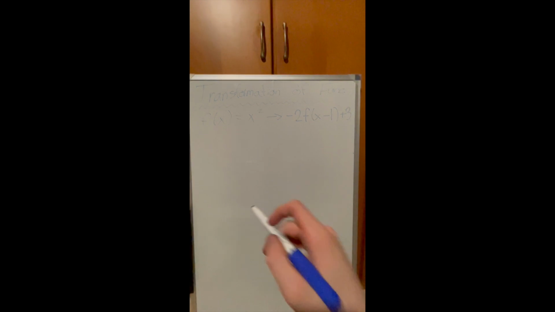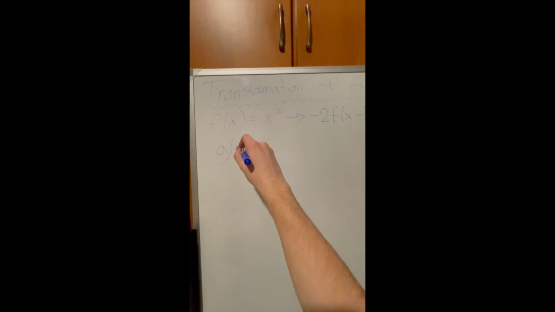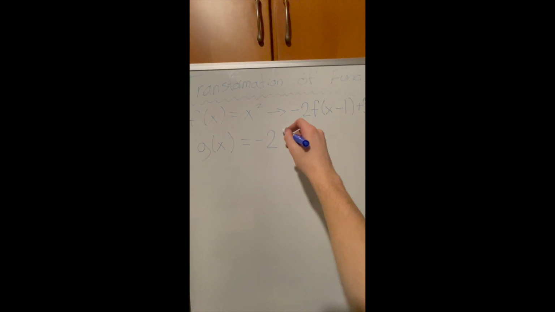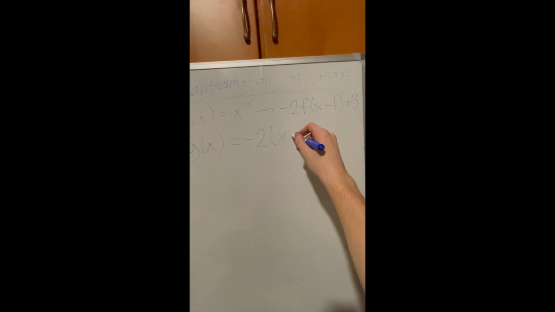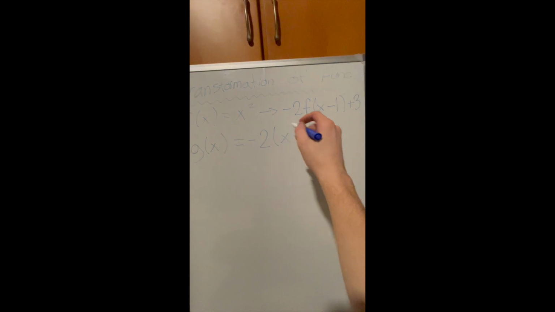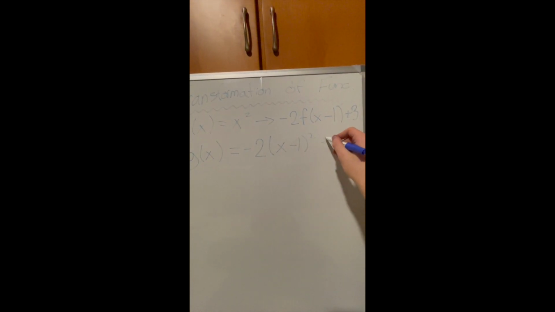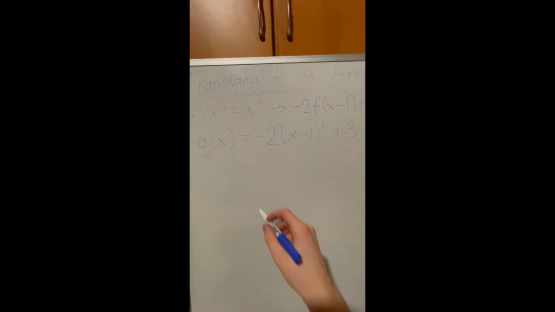Well, first of all, let's call this function g of x, and let's define it. This would be minus 2 times x minus 1 squared. We substitute the value here into our x and square it, of course, and then we add 3.